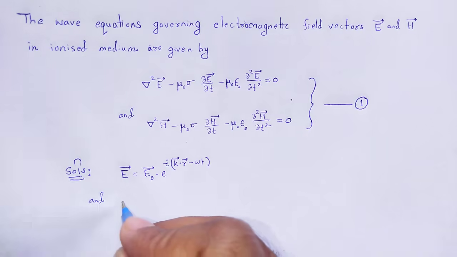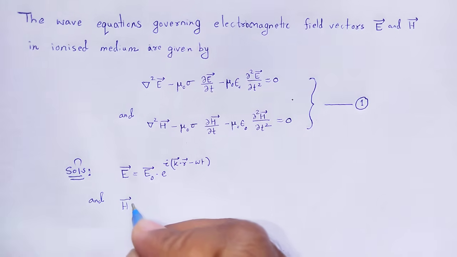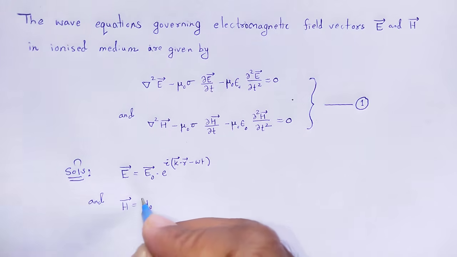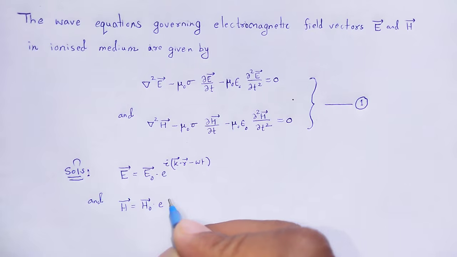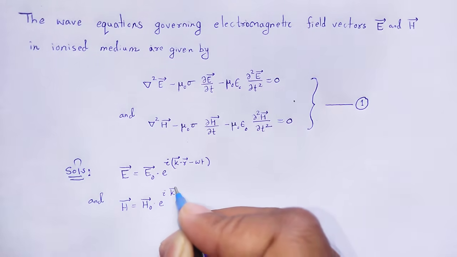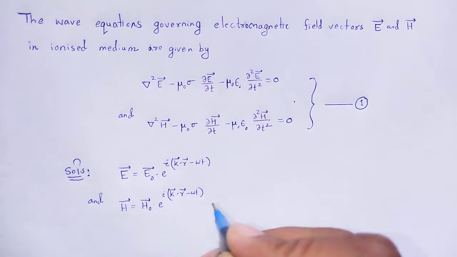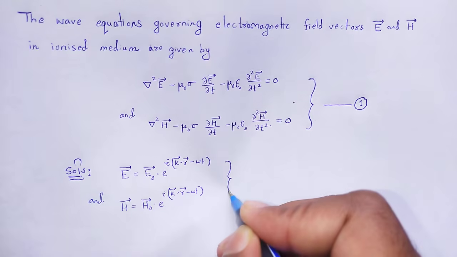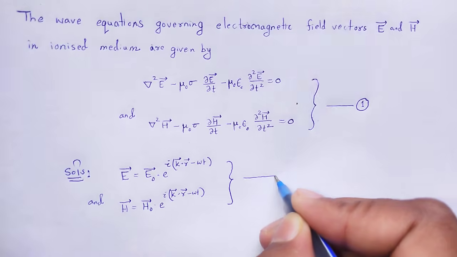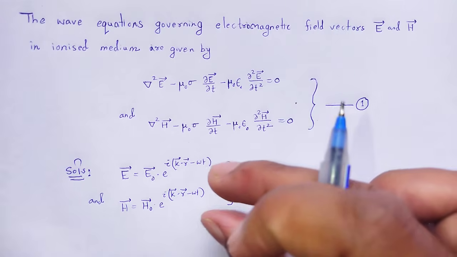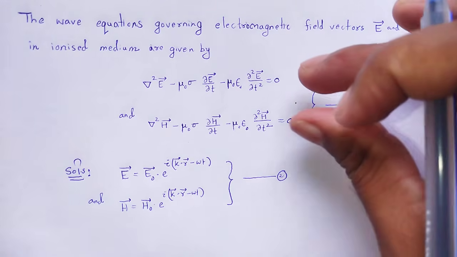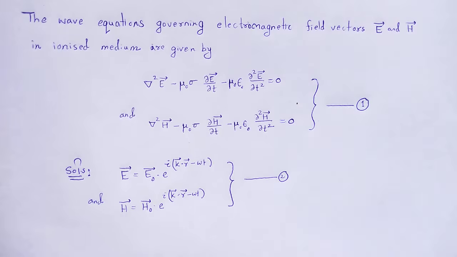Similarly, for that of H vector, H naught vector e to the power i(k dot r minus omega t). Solutions corresponding to these two equations.